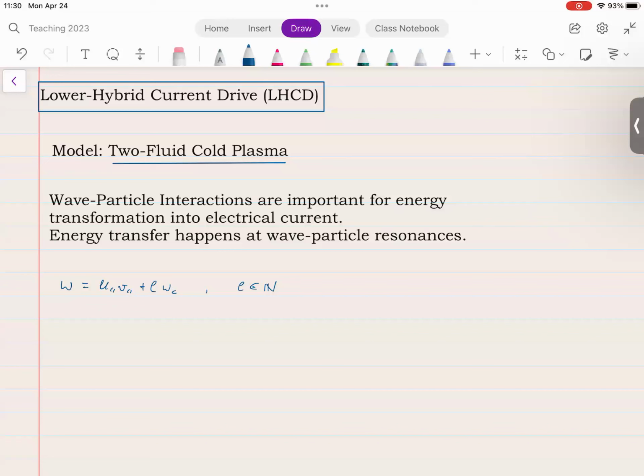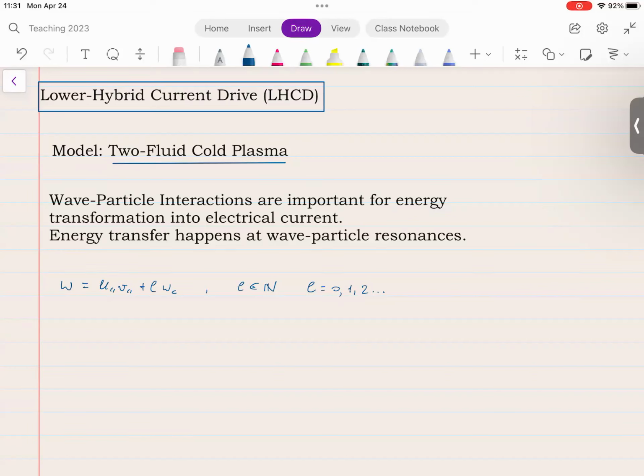L could be 0, 1, 2, and so on. In particular, the l equal 0 resonance is what is called Landau damping, which is particularly important for lower hybrid current drive.